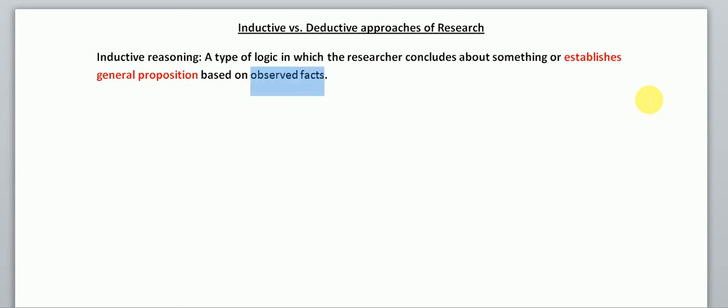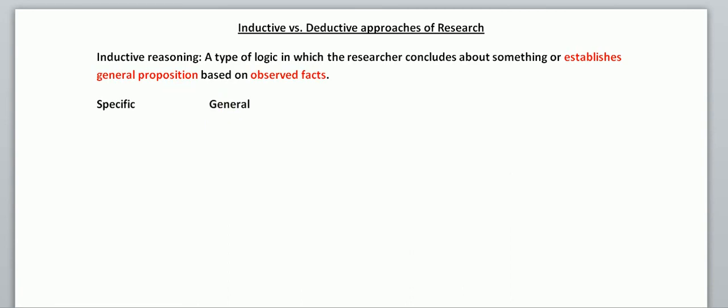Okay, so two things here, dear students, I'm just simply explaining. We have specific, and then we have general. Look here, in this definition the researcher concludes about something or establishes a general proposition.